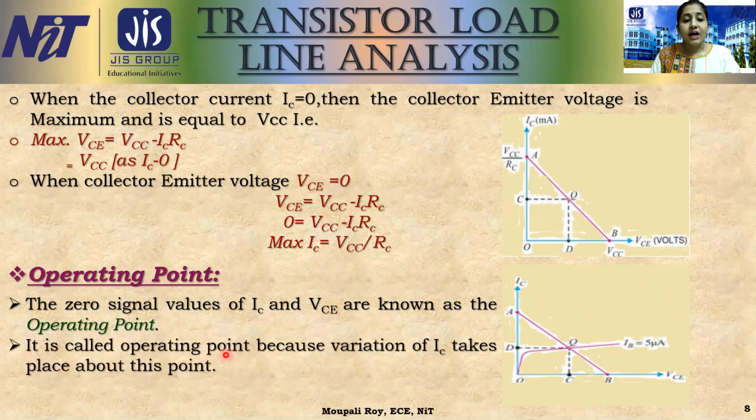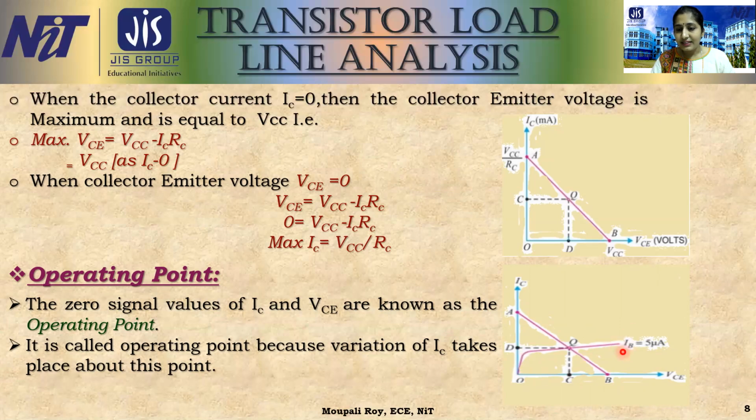It is called the operating point because variations of IC take place about this point. That means if we are comparing IC with respect to the voltage, then we get an output characteristic graph, just like this one.